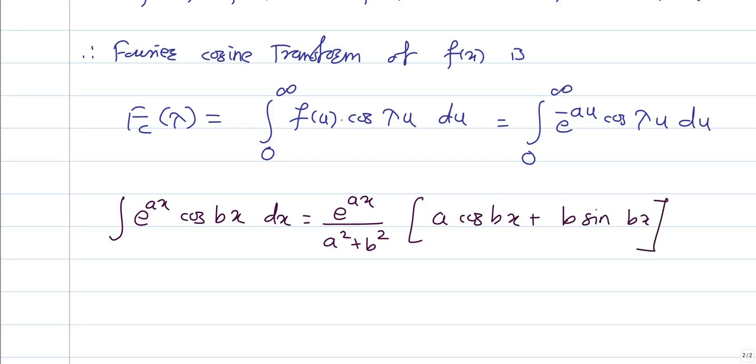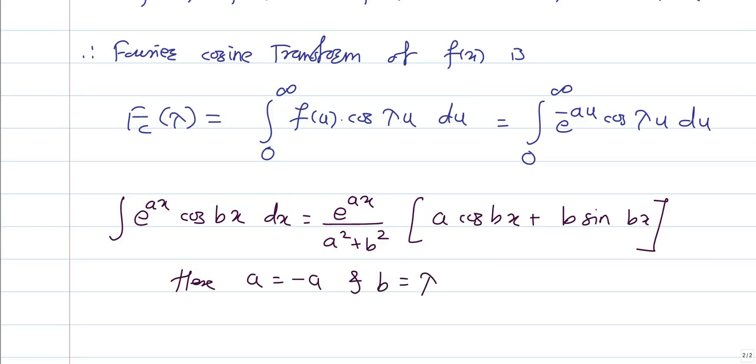So we use this formula of integration to evaluate the above integration. By this formula you can see here our a is nothing but minus a, correct, and b will be lambda. So a is minus a and b is lambda.